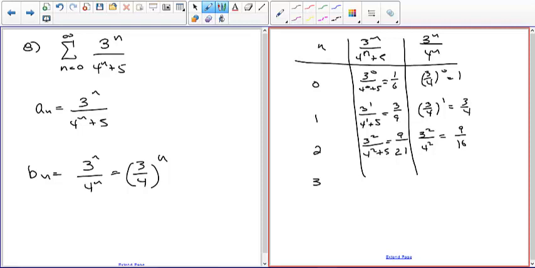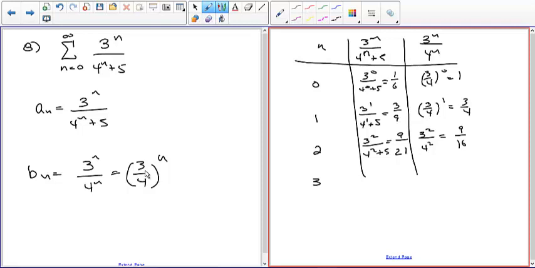And then all you have to do is look at the convergence criteria for the geometric series. So you go to your paper and you look at the convergence criteria for the geometric series, and it says if the absolute value of r, which is 3/4, is less than 1, then it converges.